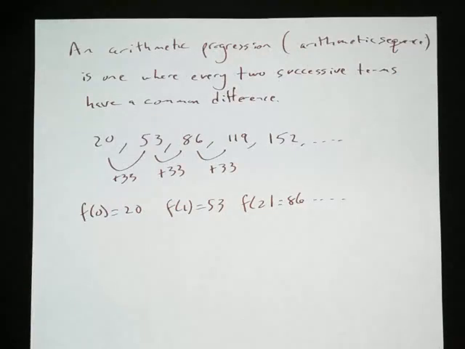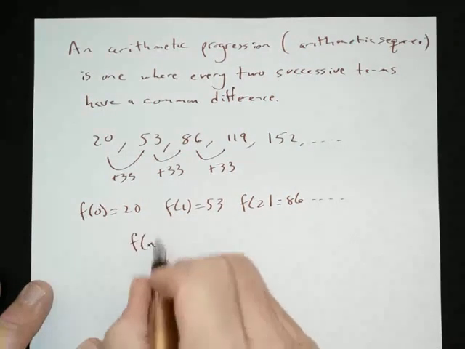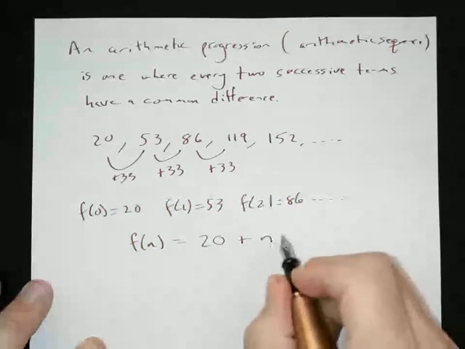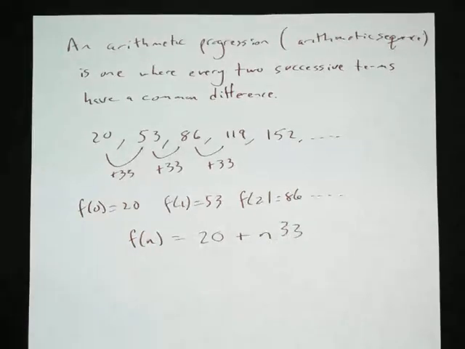That's the definition of slope. So this could look like a y-intercept of 20 and a slope of 33. Notice to do that, I had to start with f of 0, not f of 1. Okay, I can do it either way.